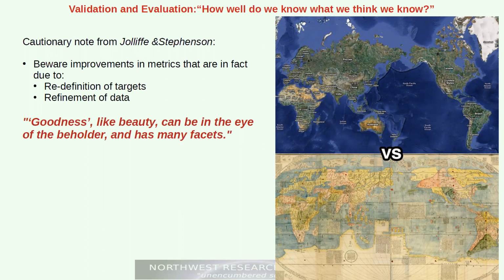And on the top is the imaging that we have. If we wanted to ask where a certain feature was and the answer changes, it's because the data you're comparing to got better. So goodness, like beauty, can be in the eye of the beholder: goodness of your model or goodness of the evaluation has many facets.